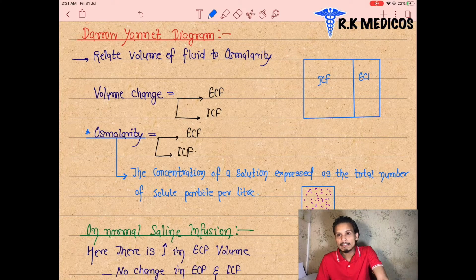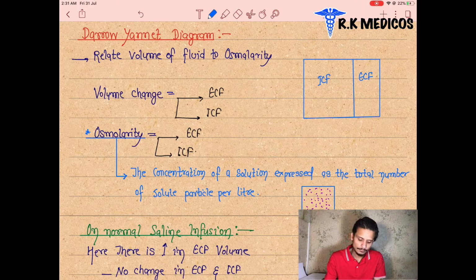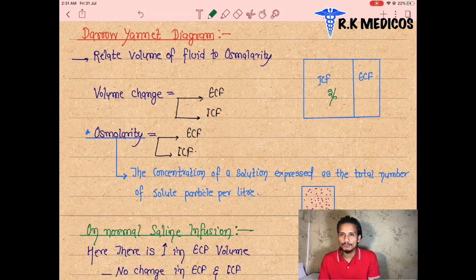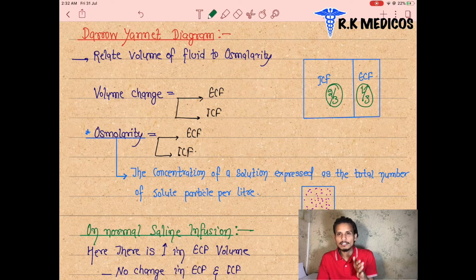Now you tell me, intracellular fluid carries 2/3 of the total volume of water, and extracellular fluid carries 1/3. It means, of course, the intracellular compartment will be bigger and the extracellular compartment will be smaller.